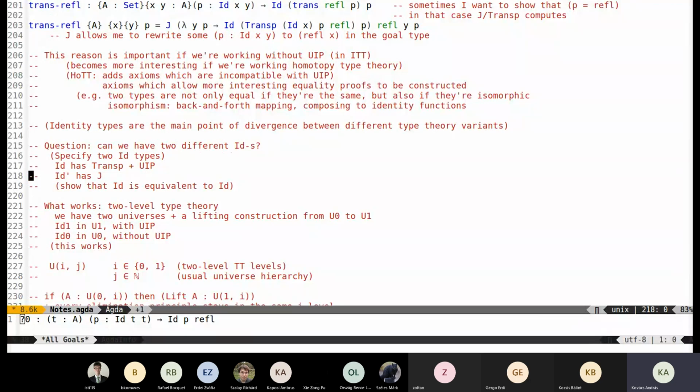And here we say that there are two different flavors of ID, and we give transp and UIP to one flavor and we give J to the other flavor. But in this case, we can just show that the two IDs are equivalent to each other. So the type of ID T u v is isomorphic to the type of ID prime T u v. So that's why if one has UIP, then the other also has UIP.